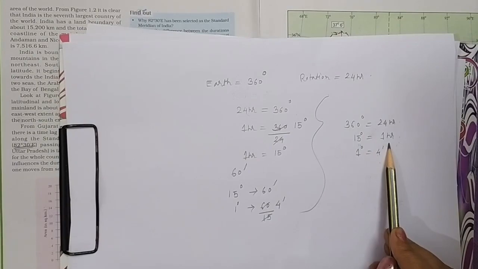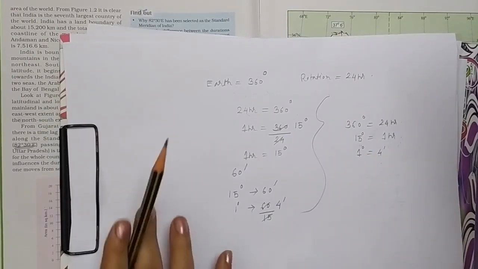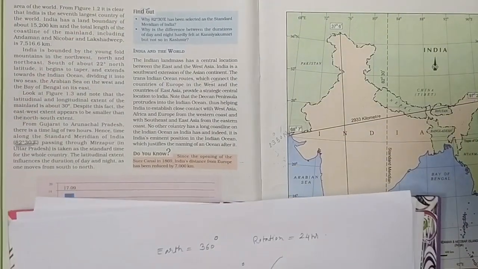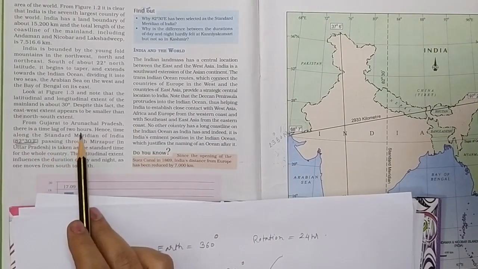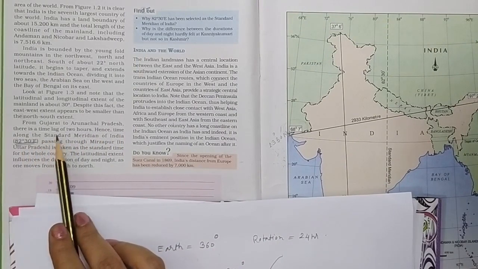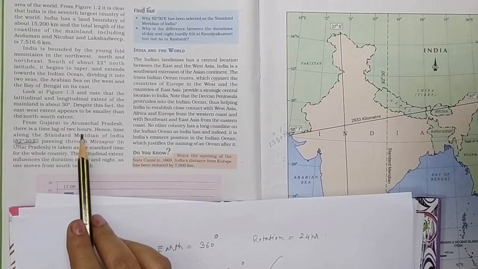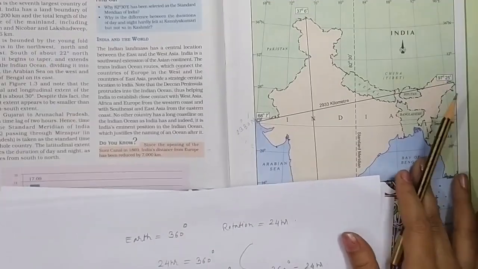Okay, got it? Now please look at your book, page number 2, the left side, third paragraph. From Gujarat to Arunachal Pradesh, there is a time lag of 2 hours. Why 2 hours? Look at the map.